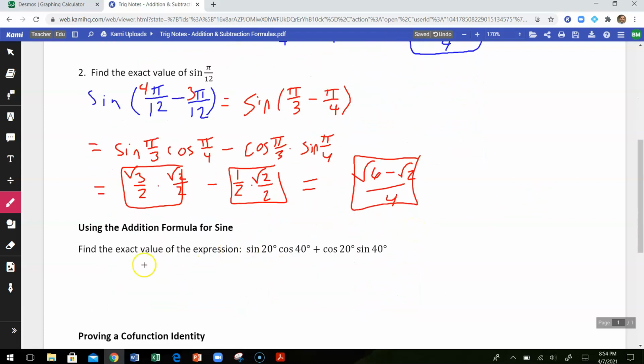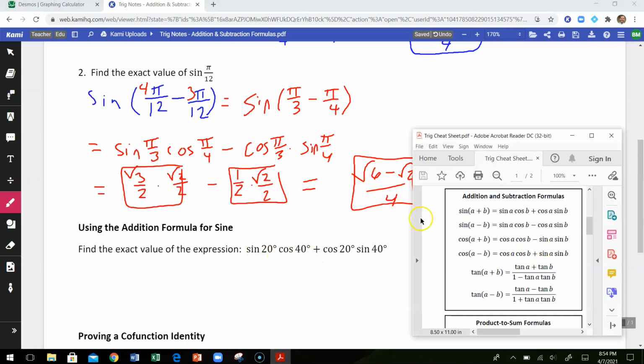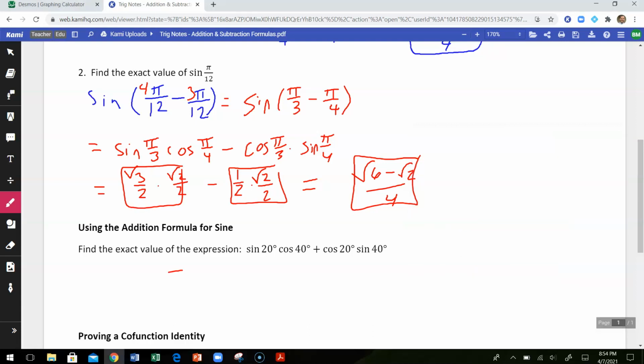Okay, so let's look at maybe using this in a different way to maybe simplify something. So if I have sine of 20 times the cosine of 40 plus the cosine of 20 times the sine of 40, and I want to find the exact value of that, 20 and 40 aren't unit circle angles, but what I notice is that it fits one of these patterns, and it's the first one here. So if you look at this first one, it's sine A cosine B plus cosine A sine B. And so this will simplify to the sine of A plus B. So I'm going to use this formula going backwards.